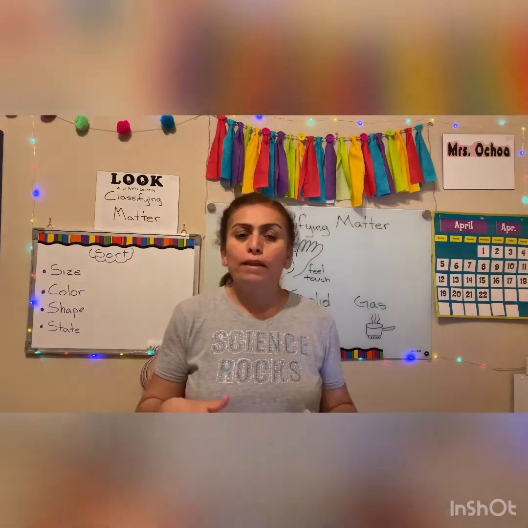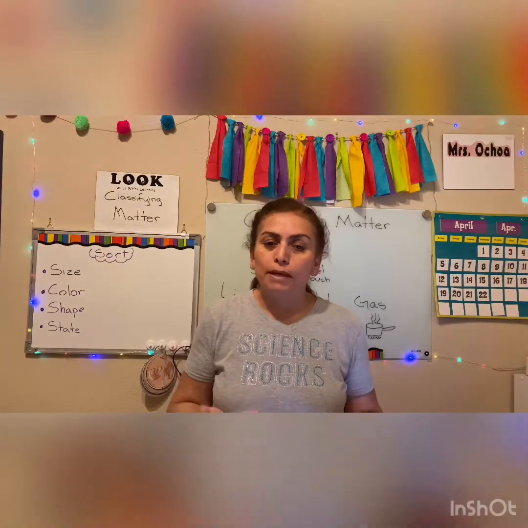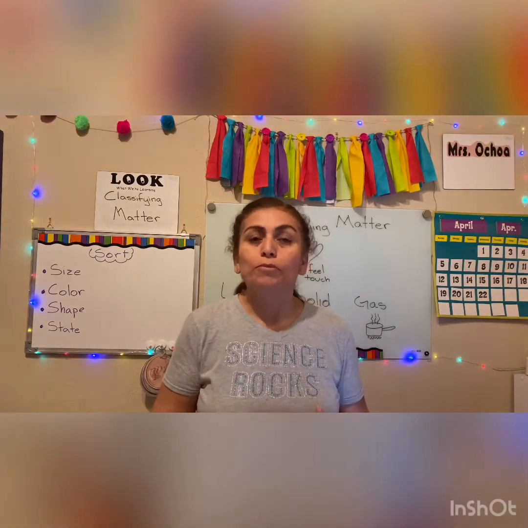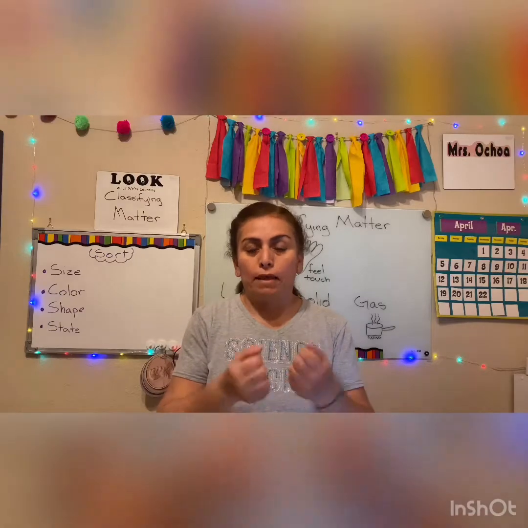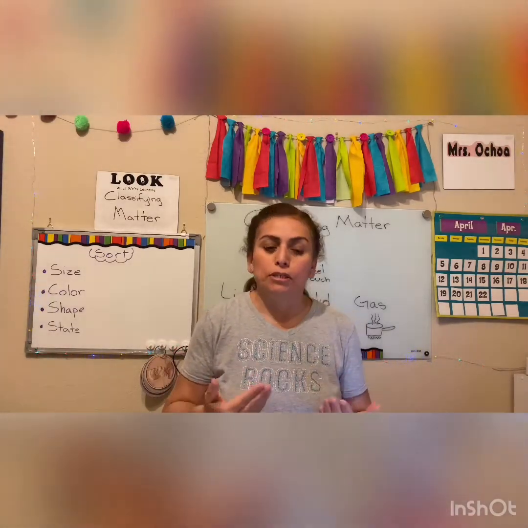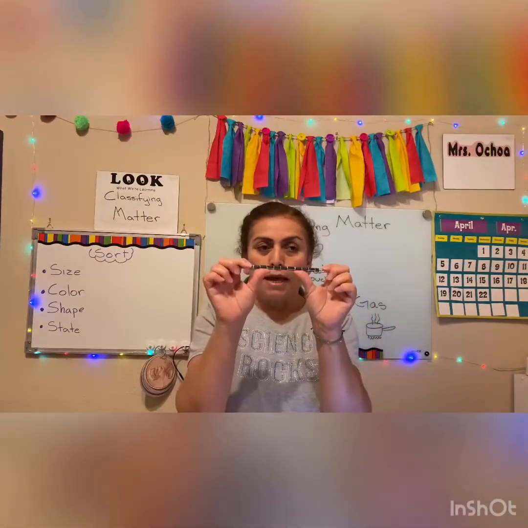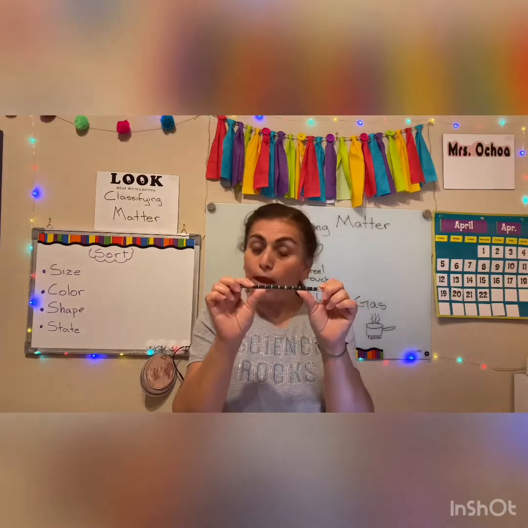And one thing is we're going to talk about flexibility. Flexibility means if the object is able to bend. So objects can be flexible or can be rigid, depending if I'm able to bend them or not. If I had a pencil and I try to bend it, I'm not going to be able to do that.